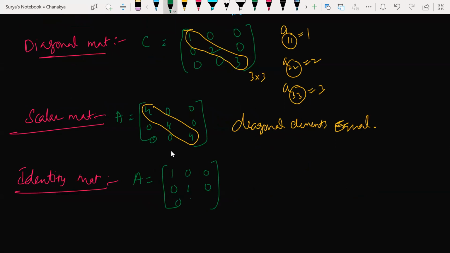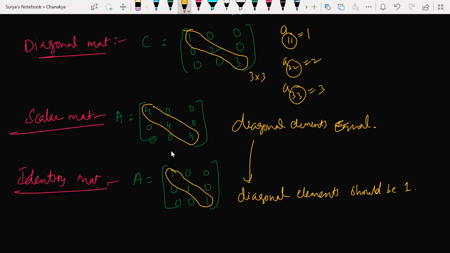An identity matrix is nothing but all the diagonal elements should be 1. You understand my point? Diagonal elements should be 1.